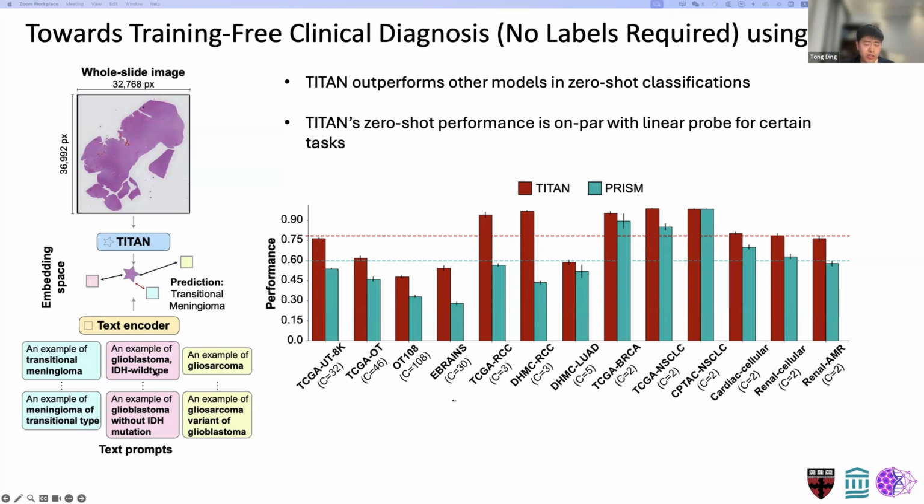In this zero-shot paradigm, Titan also outperforms other models by, in some cases, a very large margin.